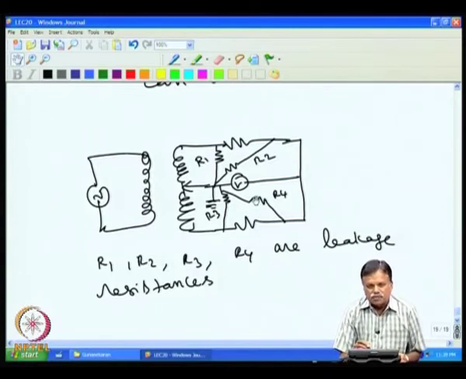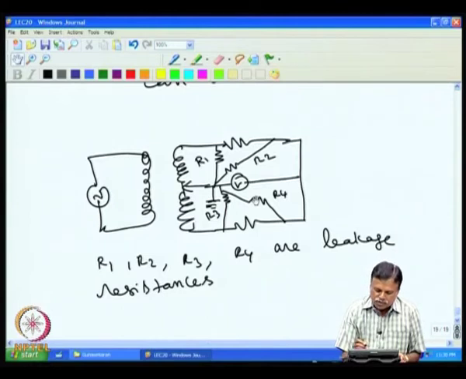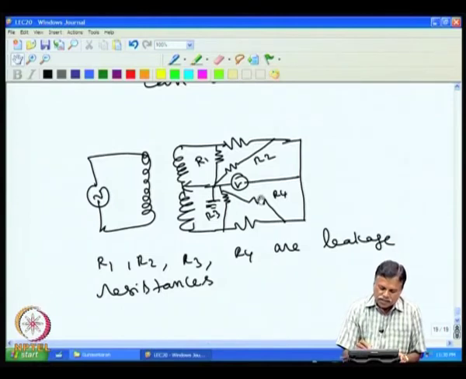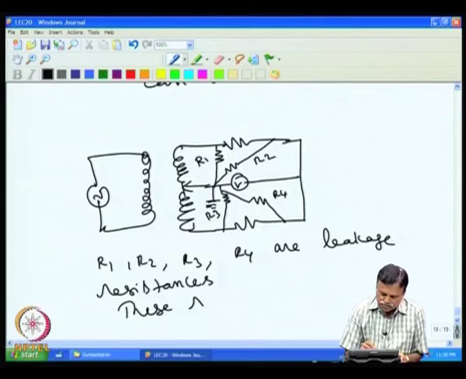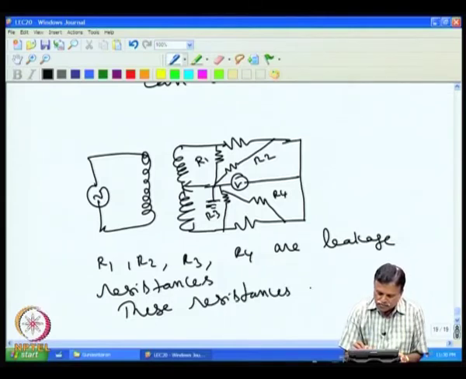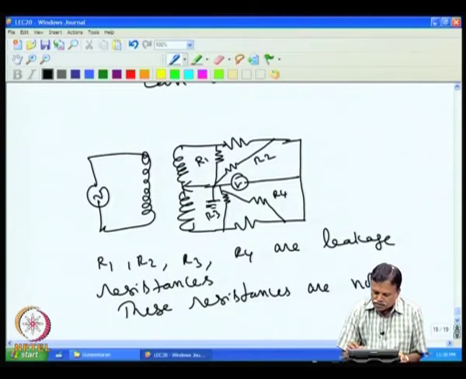That is why this bridge is popular, and one can measure 100 megohm or even 1000 megohm using this bridge, because R1, R2, R3, R4 are not contributing to the balance.